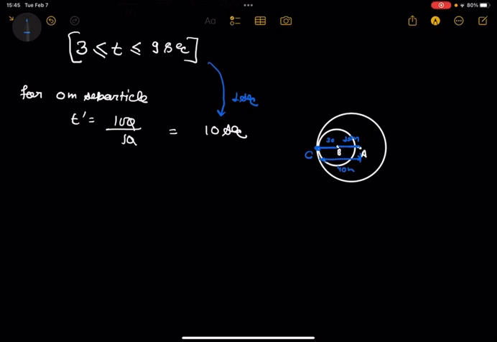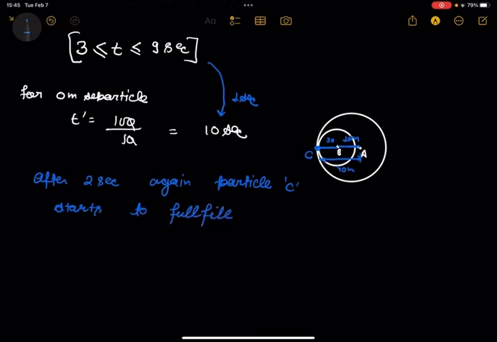So after 2 seconds, again particle C starts to fulfill the given condition.